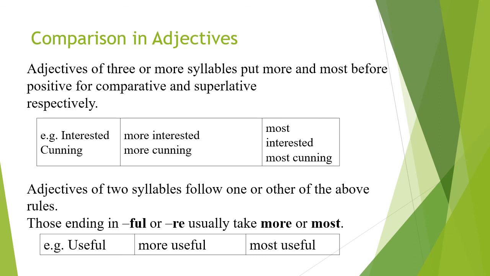Those ending with ful usually take more or most as well. So we can have an example: useful, comparative, more useful; superlative, most useful. We can have beautiful, comparative, more beautiful; superlative, most beautiful.